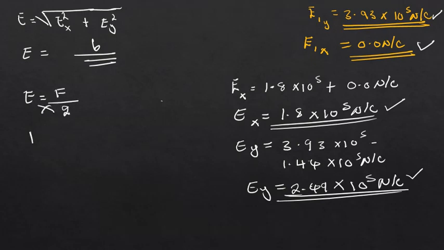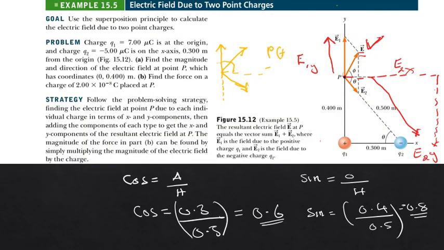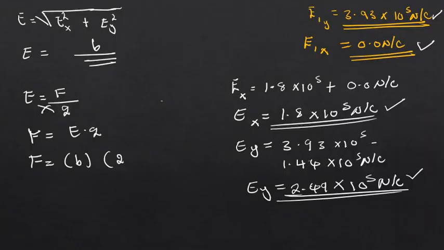If you make force the subject, you find the electric field multiplied by the charge. Our electric field we've already calculated, it's B, and the charge has already been given to be 2.0 multiplied by 10 to the power negative 8. Whatever you are going to get, we can call it C in newtons.